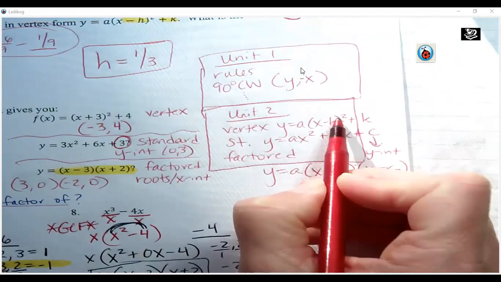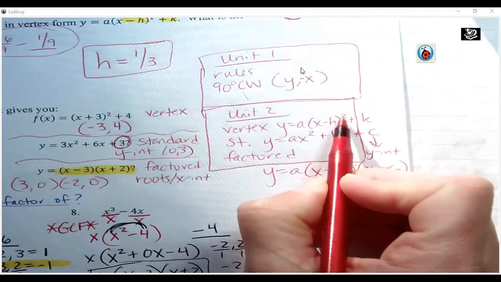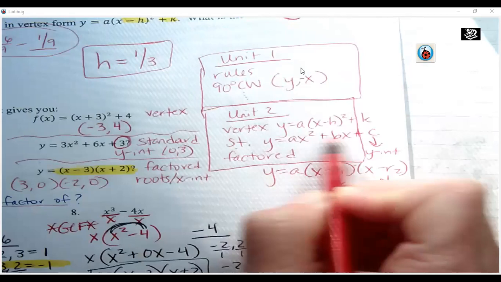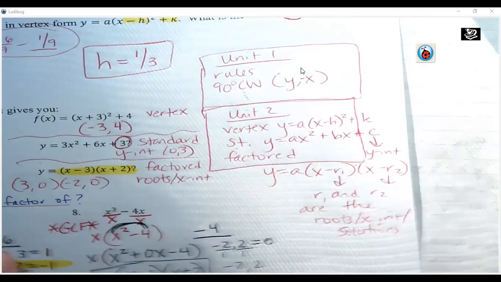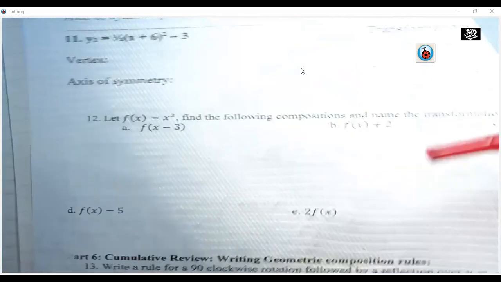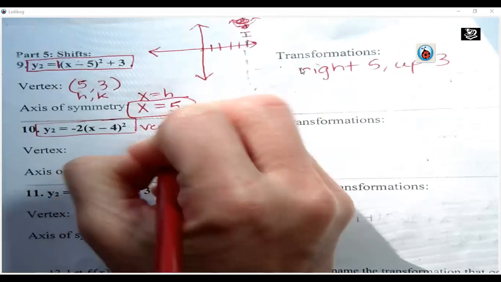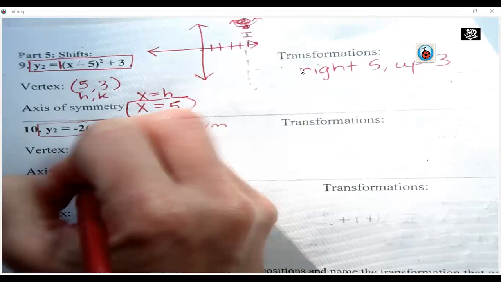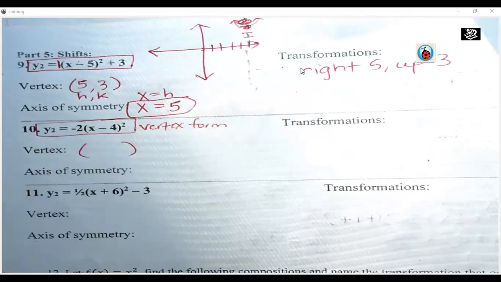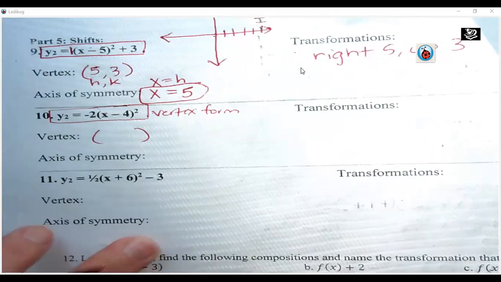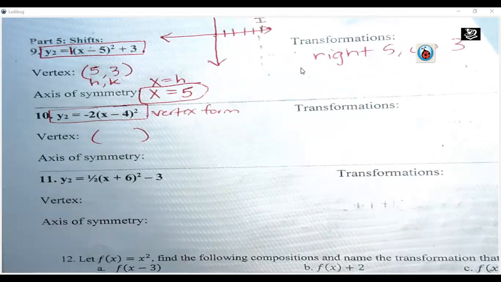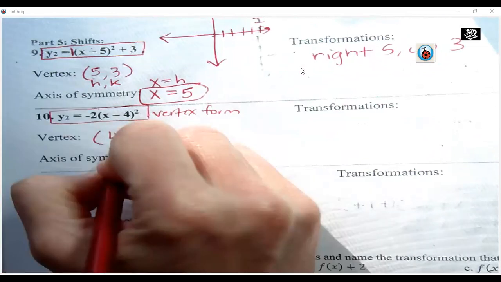Vertex form has a parenthesis squared, and standard form has no parentheses. Okay, so this is still vertex form. What is your vertex? 4, 0. Good, 4, 0.